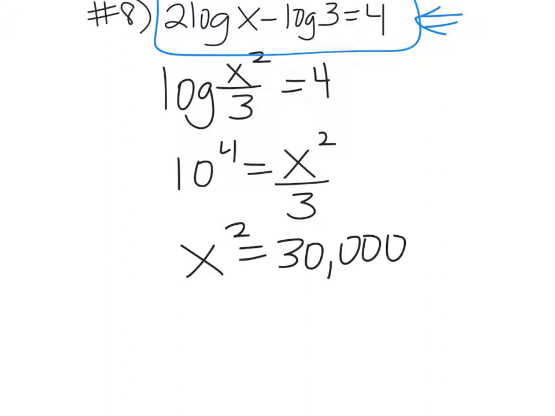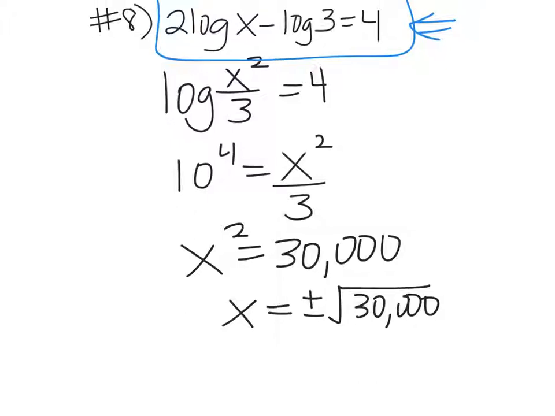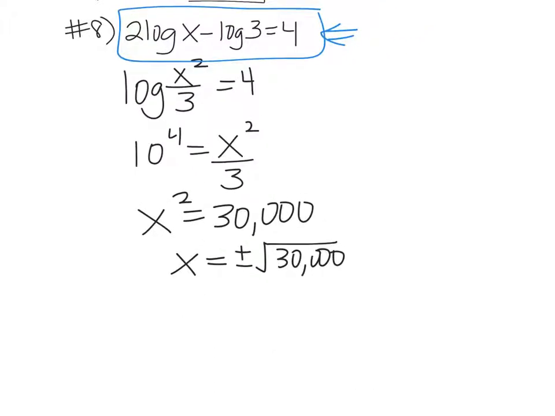Right here to solve this, we need to take the plus and minus square root of 30,000. If you forget to take the plus and minus square root, you actually get the right answer, which is kind of bad. So what is the square root of 30,000? It's 173.205.